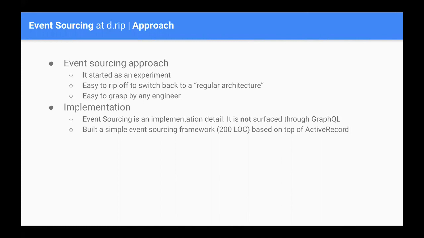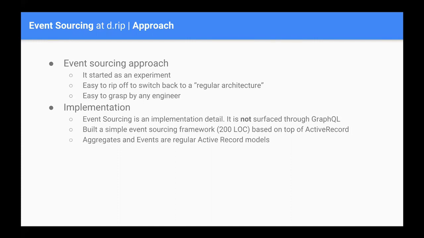Others would have aggregates that weren't shaped the same way you would shape a regular Active Record model, so it would be very hard to remove. With one of them, you would have to take down the application so that you could replay events. Wasn't great. Anyway, so we decided to just go with something simple, and that's what we are still using, actually.